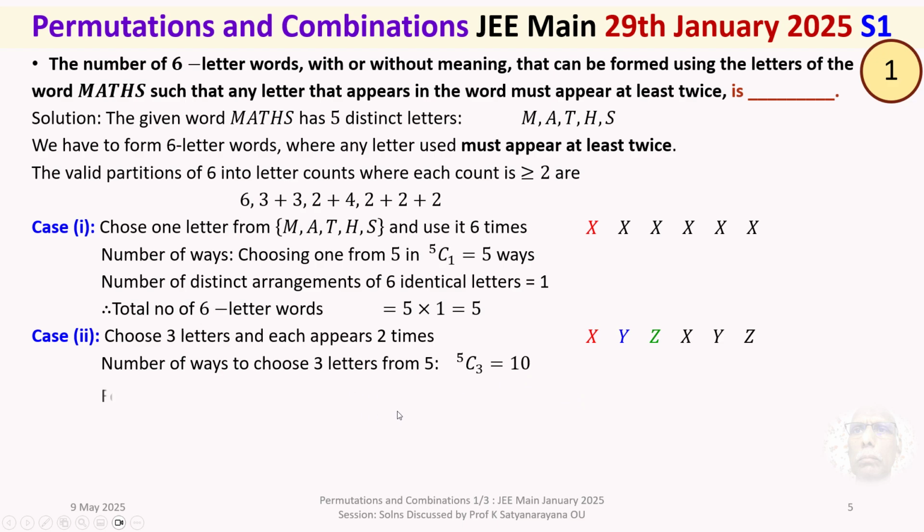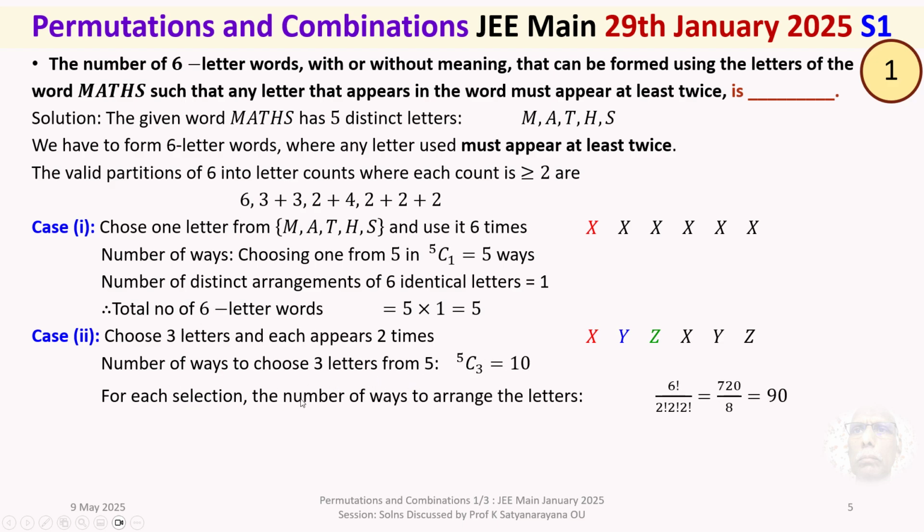For each such selection, the number of ways to arrange the letters is 6 factorial by 2 factorial into 2 factorial into 2 factorial, that is 720 by 8, that is 90.